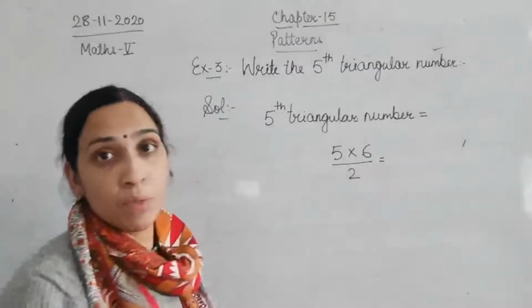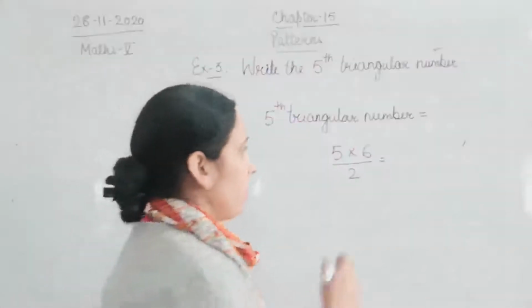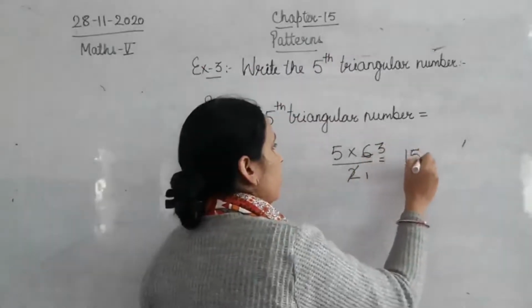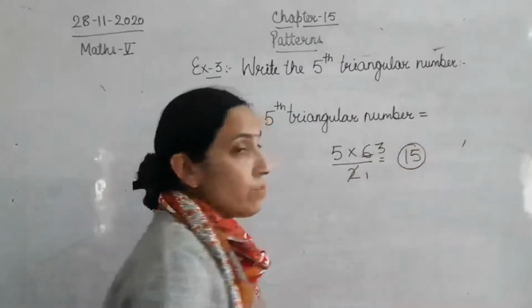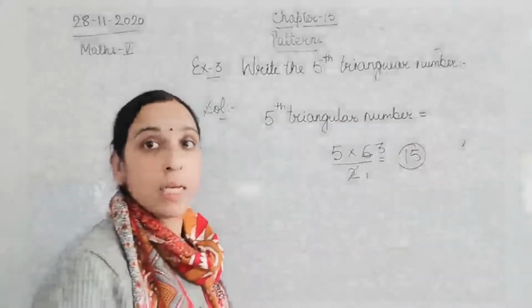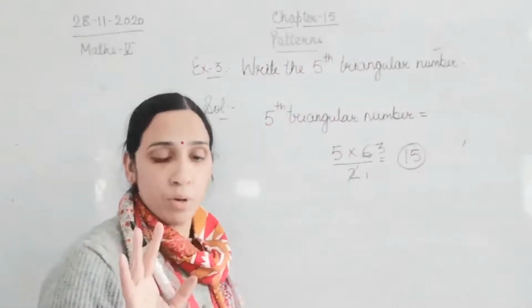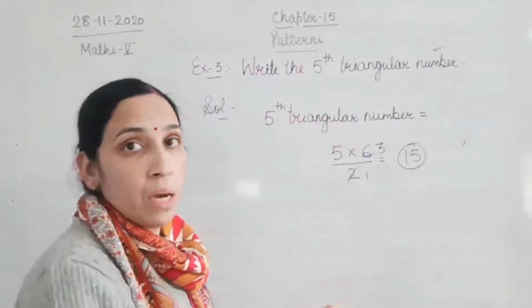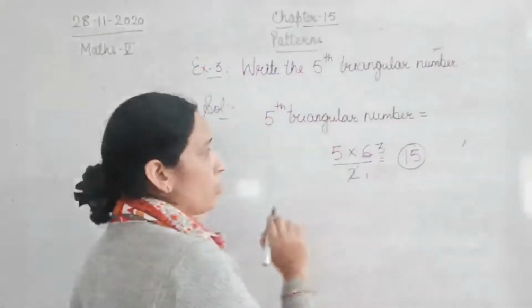This will become your fifth triangular number, that is 15. What do you understand here? Nothing to think about: just add 1 to the given number, multiply, and then divide by 2.